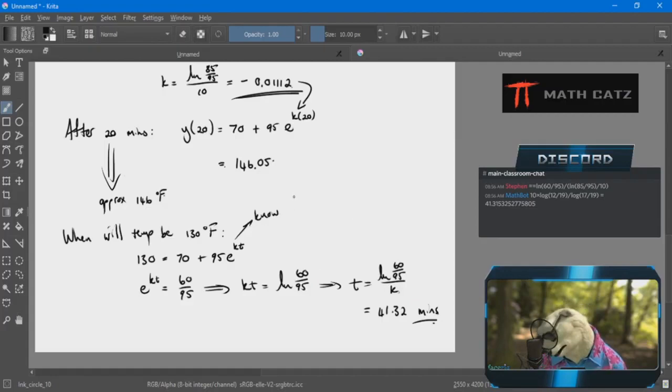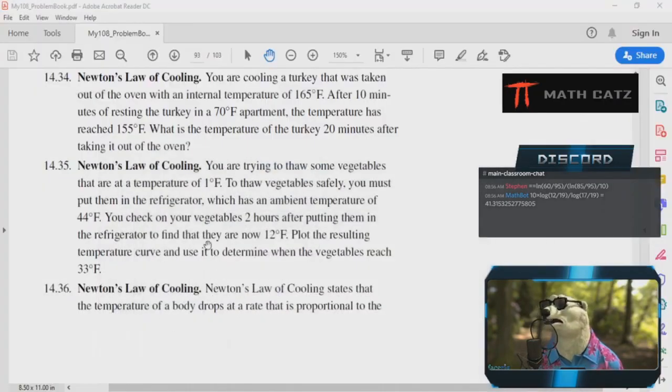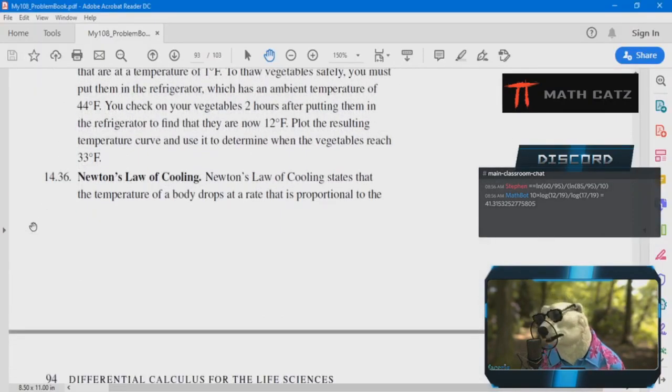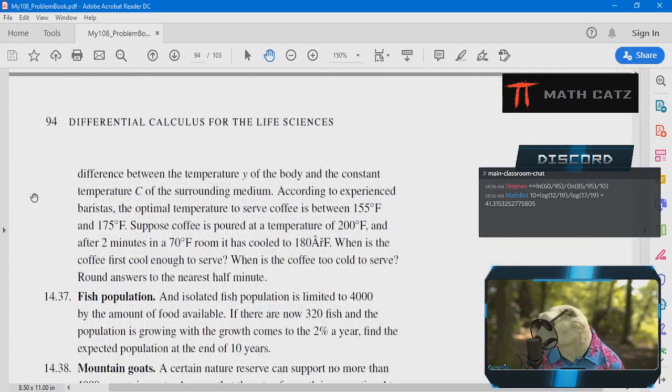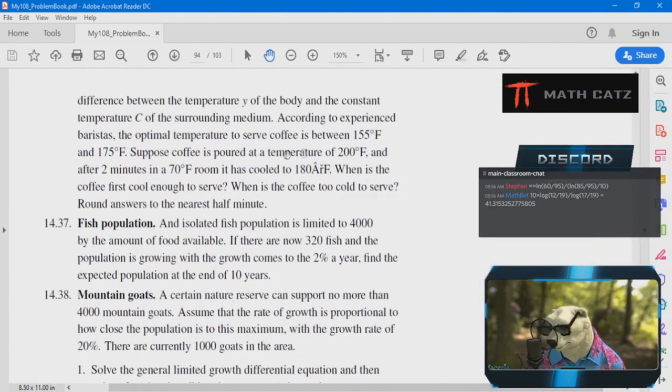So interesting things like that can be done, especially if we read other questions. Like there was one about coffee. So here, according to experienced baristas, the optimal temperature to serve coffee is between 155 and 175.